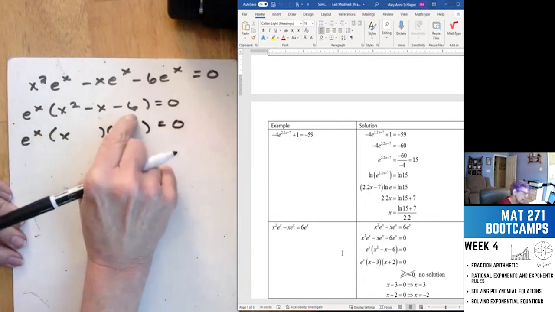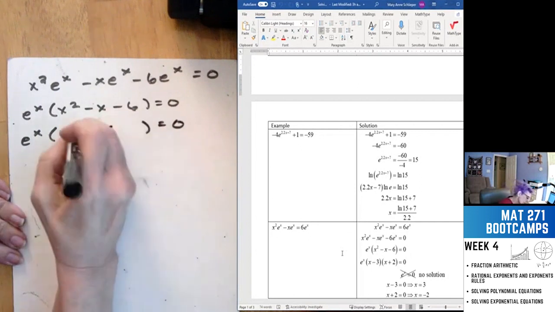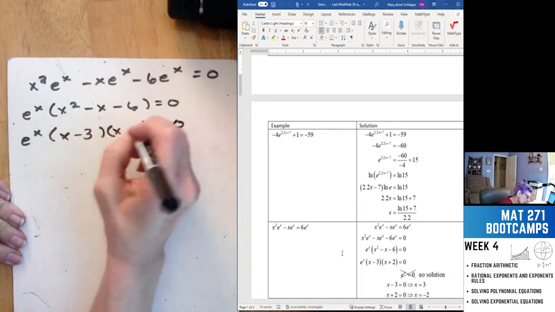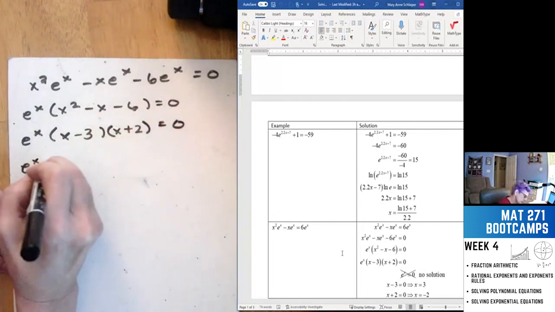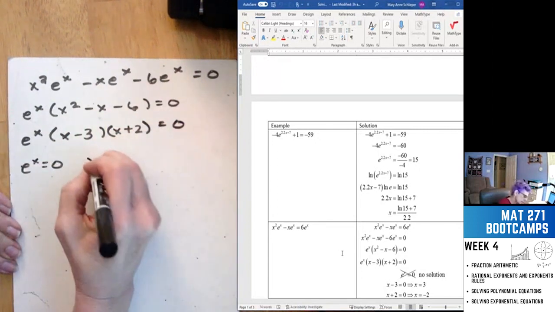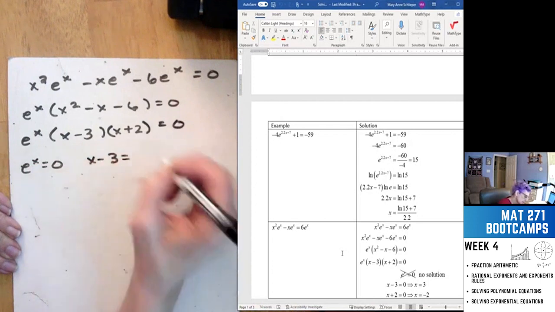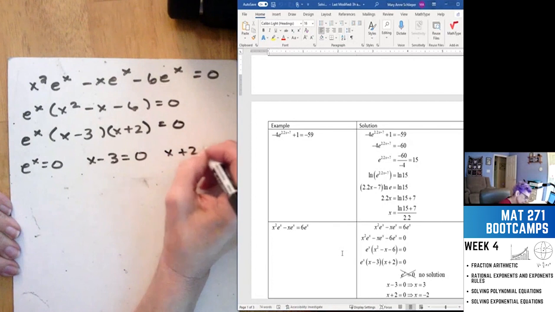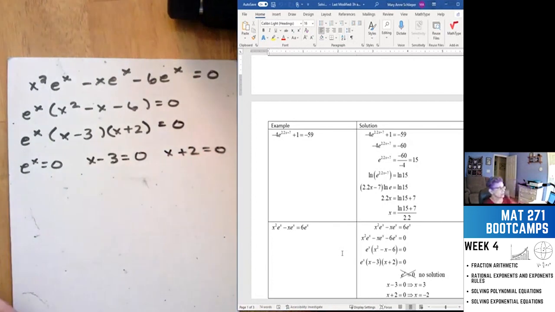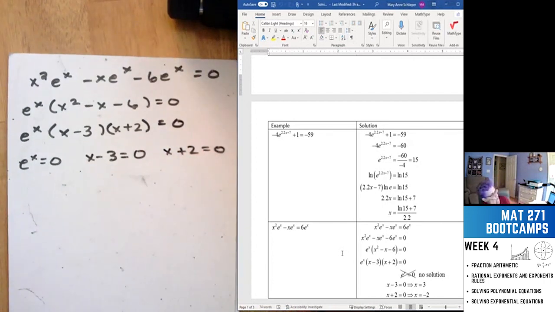Two numbers whose product is -6, whose sum is -1. So e to the x could be equal to 0, x minus 3 is equal to 0, x plus 2 equals 0. So off the top of your head, when does e to the x equal 0?